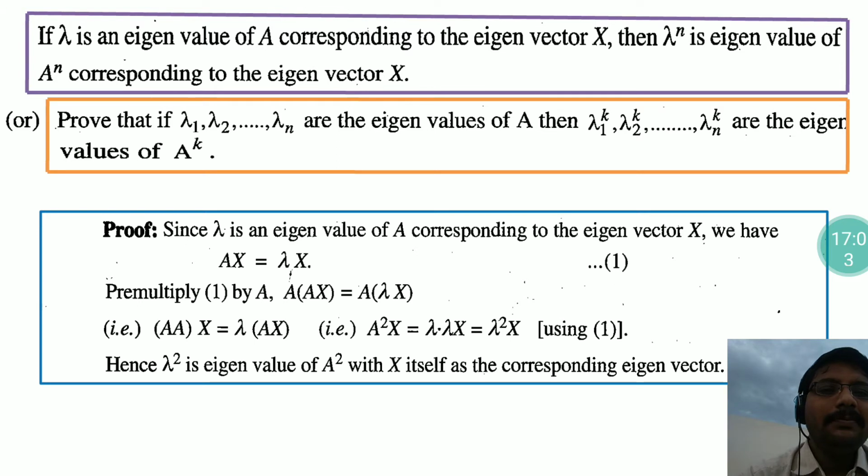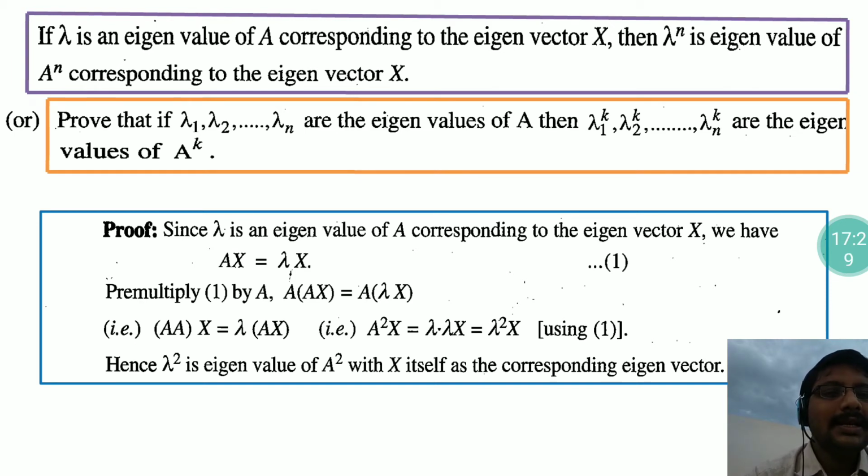Now we will prove this result by the principle of mathematical induction. For this, pre-multiplying equation 1 with A, we will have A into Ax is equal to A into lambda x. But A into A is A square, so A square x is equal to lambda into Ax.